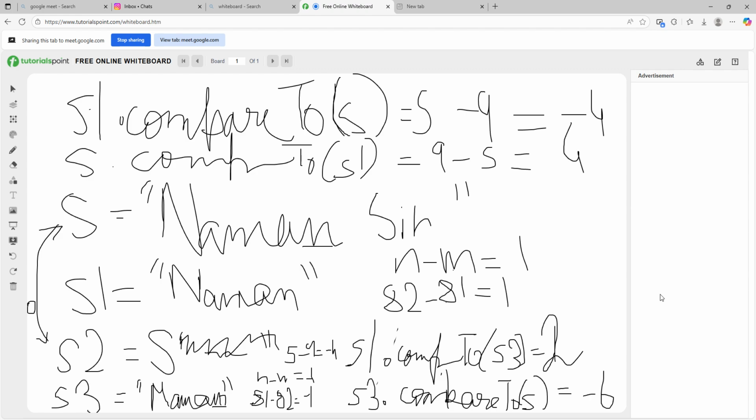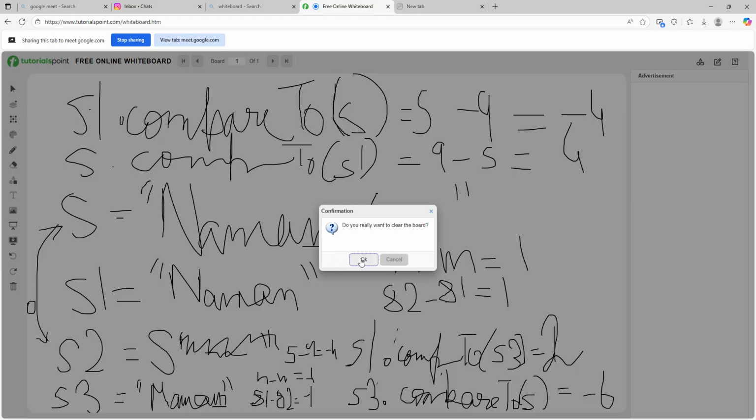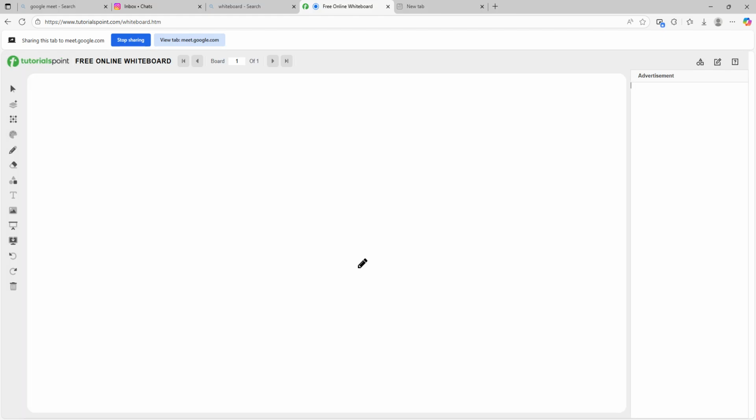Or take a word or a sentence and print every character on a different line. These are the simpler types of programs.